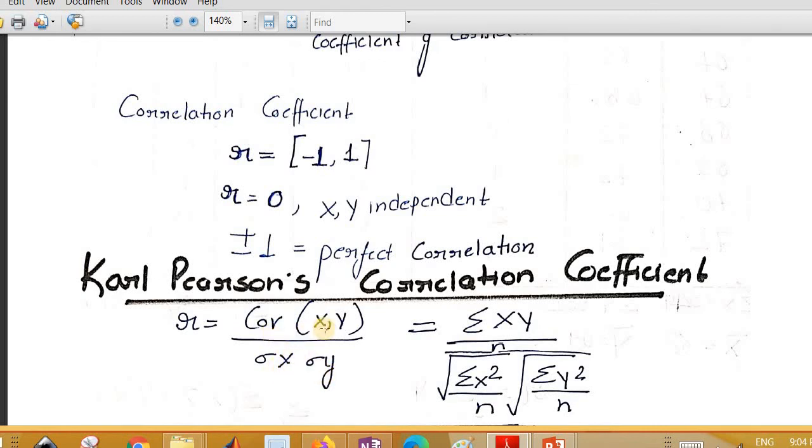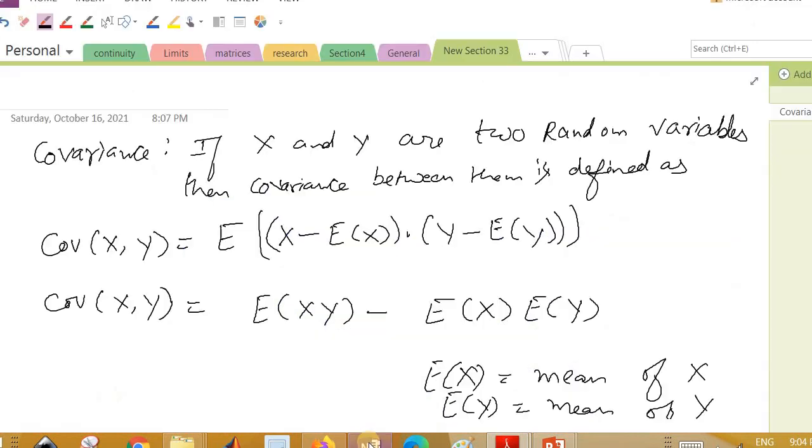Basically, if x and y are two random variables, then the covariance between them is defined as expectation of x minus E of x, times y minus E of y, where E of x is the mean of x data and E of y is the mean of y data. After solving, it comes out to be E of xy minus E of x E of y. So this is the covariance here.